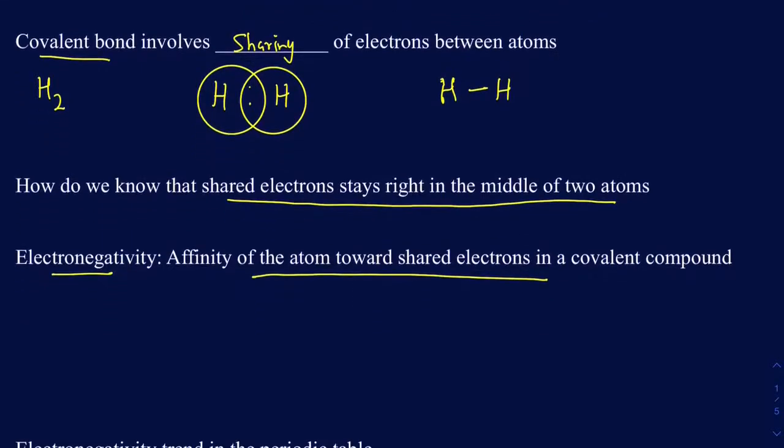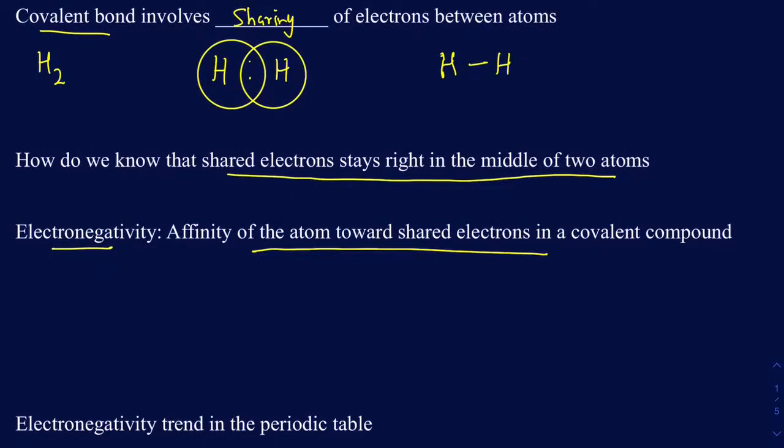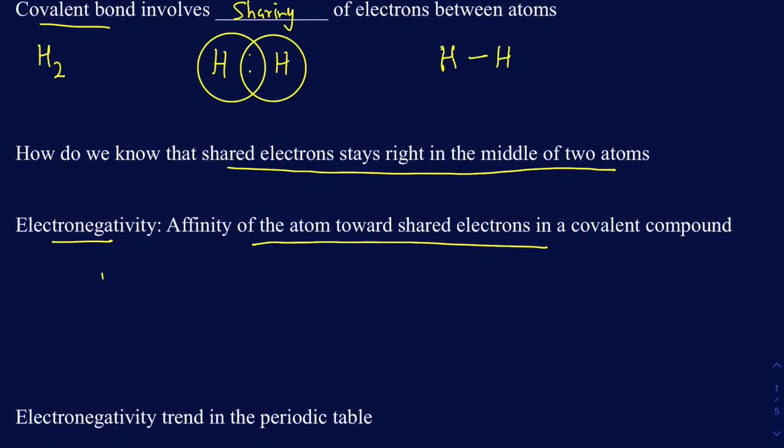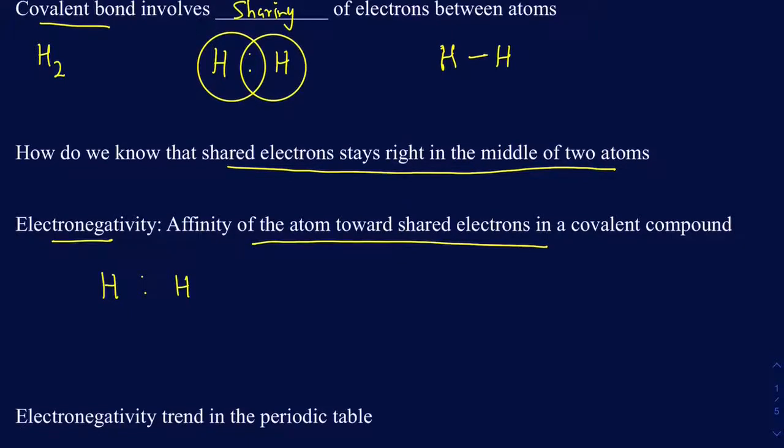In the case of hydrogen, both hydrogens have the same affinity for those electrons, and as a result, this electron pair stays right in the middle of the hydrogen atoms.